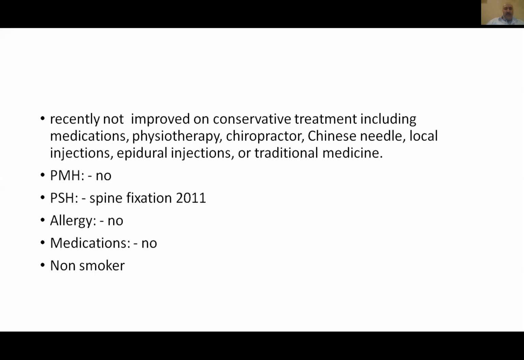Since the surgery, he started to complain of left arm numbness and weakness with radiculopathy, and it's ongoing. It's a continuous pain. He did all physiotherapy, local injection, chiropractor, Chinese needles. There was no actual improvement.